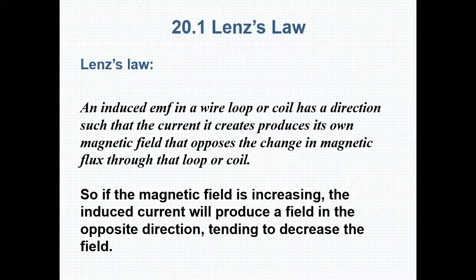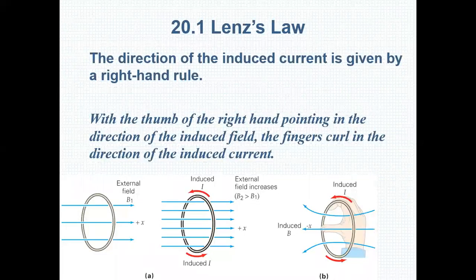If you are moving it towards a loop, then what will happen? That means you are increasing the magnetic field, and the induced magnetic field will be in the opposite direction, which decreases the field. Okay. The direction of the induced current is given by the right hand rule.